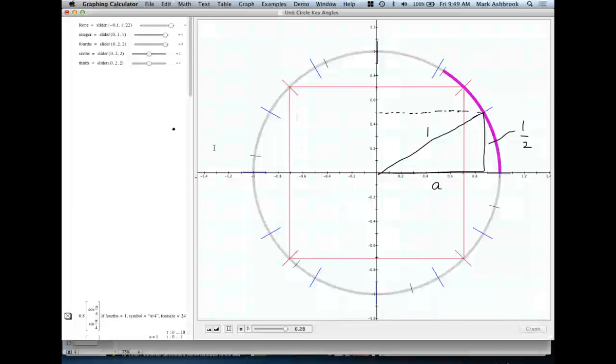Cosine. So we got A squared plus 1/2 squared equals 1 squared. And when we solve for A this time, we get radical 3 over 2. So the coordinates of this point are square root of 3 over 2, 1/2.